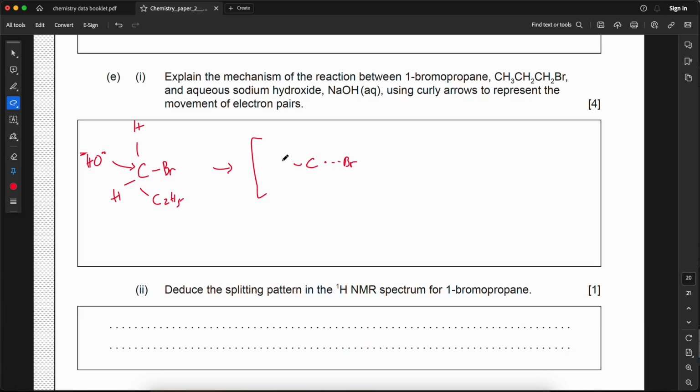That would be Br, OH, H, H, and C2H5. And then the leaving group will leave, and you will have C2H5OH and Br minus.